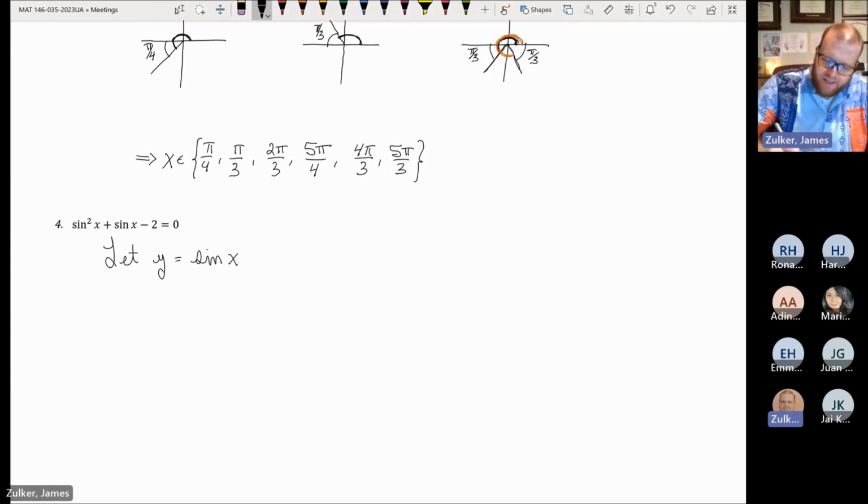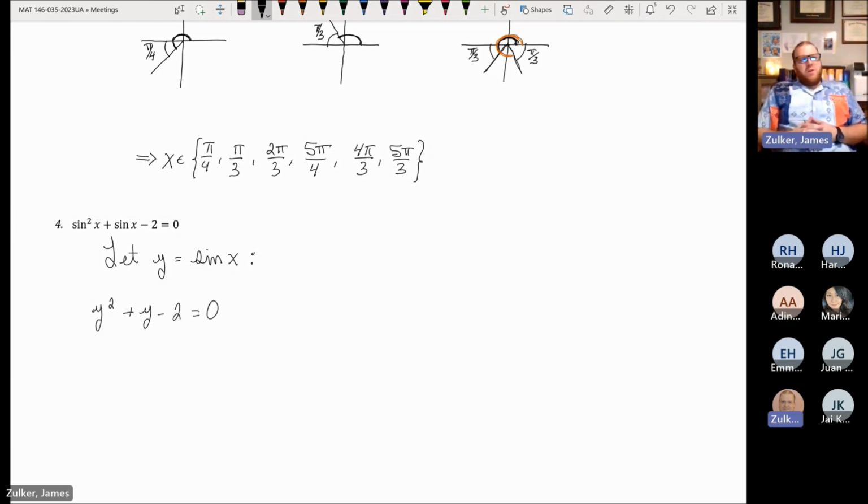Let y be sine of x. Then what does this become? Yeah, y squared plus y minus 2 is equal to 0, right?